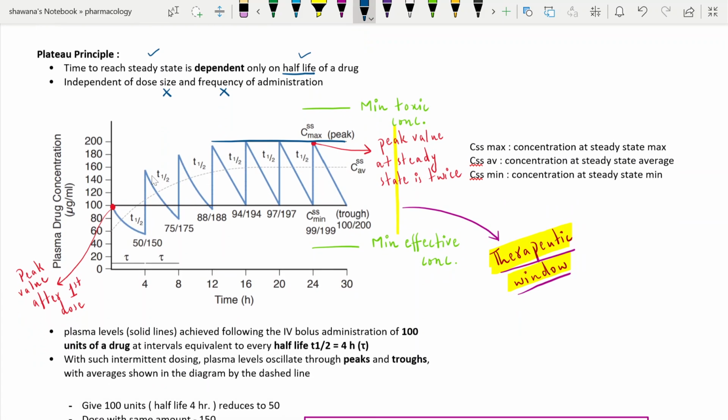This is the graph showing a maintenance dose. Maintenance dose means that we are repeatedly administering a particular amount of drug to reach the steady state. For example, let's see this diagram. First of all, we are giving 100 milligrams of the drug, or 100 micrograms per liter, etc. Any units can be given here.